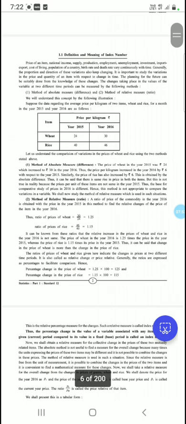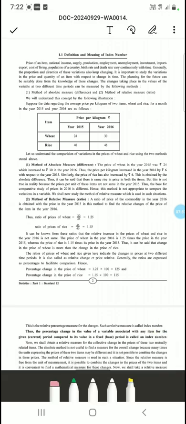So now you could see that if I want to compare wheat and rice, then I can say that the price of wheat is increasing by more times than that of rice, because if you find the ratio, you will come to know that the wheat price is 1.25 and the price of rice is 1.15.